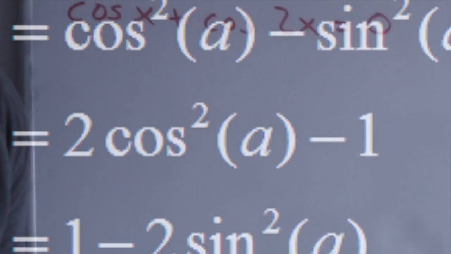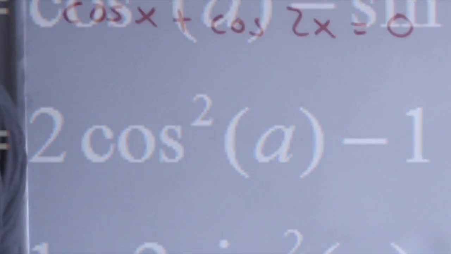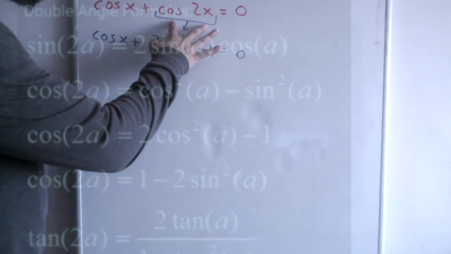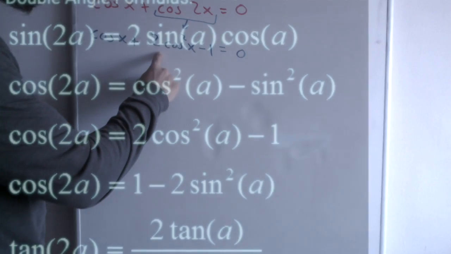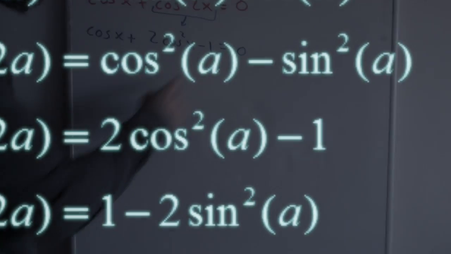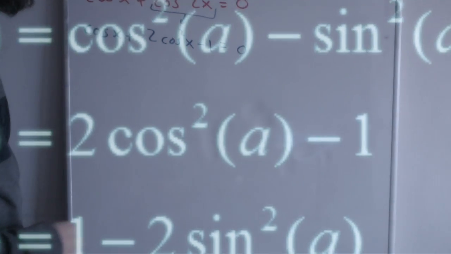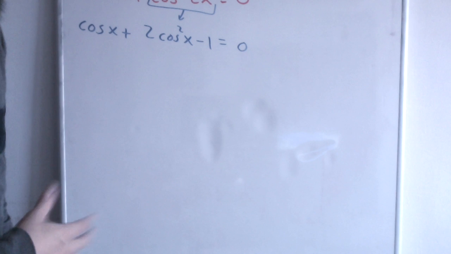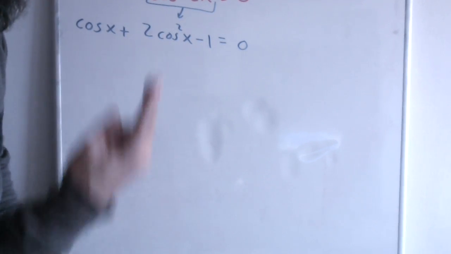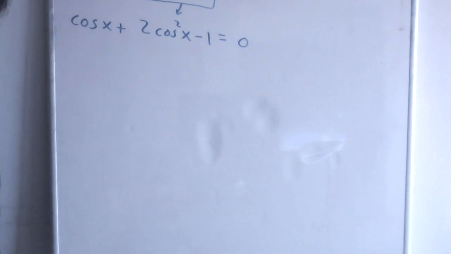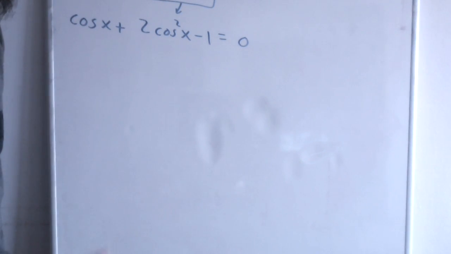We don't have to use the sine and cosine. So I use cosine of 2x and substitute by 2 cosine squared x minus 1. I cannot change it to sine because I would have two different trigonometric functions. Here I have the same trigonometric function, that is cosine.